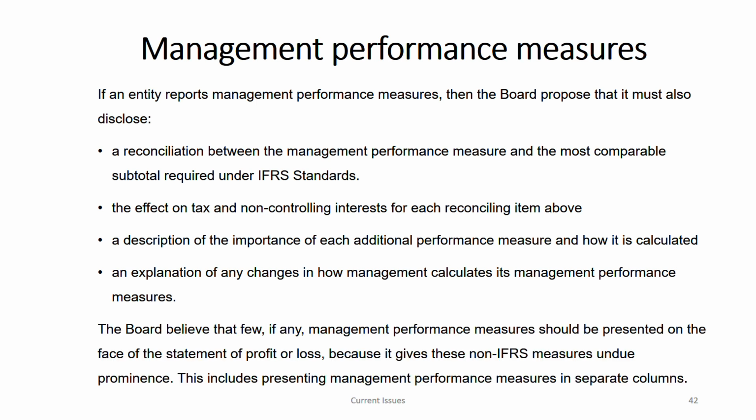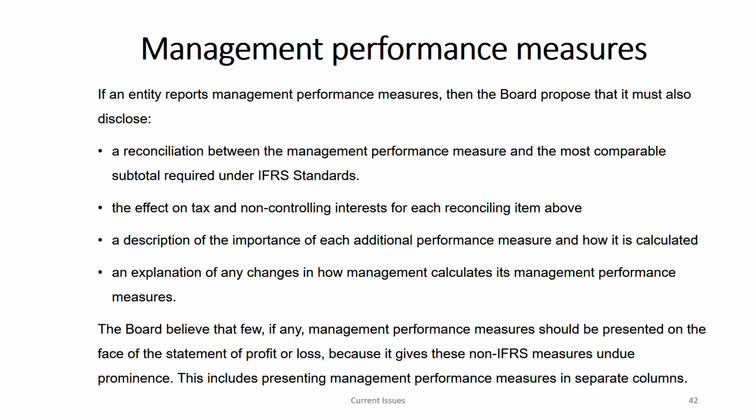So the board believes that out of all the management performance measures, at least a very handful, very few, should be presented on the statement of profit and loss, not just disclosed. Why does the board believe that a few have to be given on the statement of profit and loss?